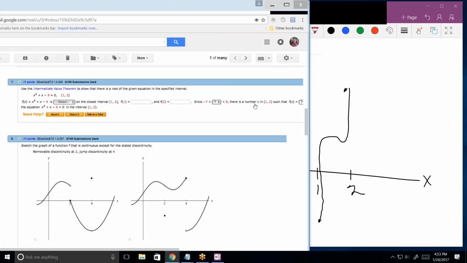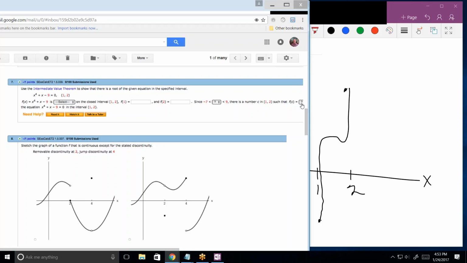There is a number c in that interval such that f of c equals, your choices again? It is 0, 9, -7, and epsilon. Well, it's 0 again.